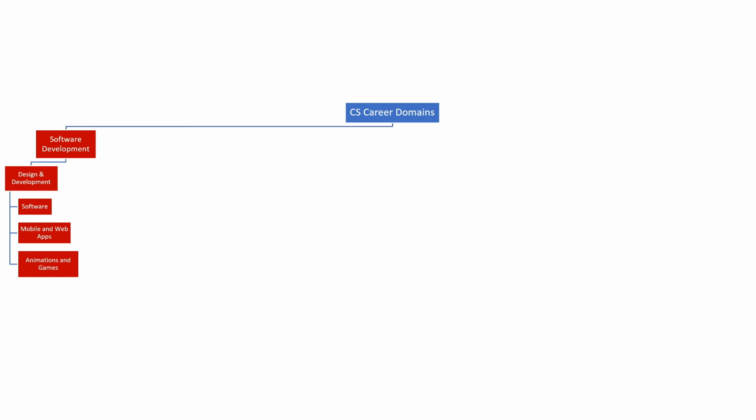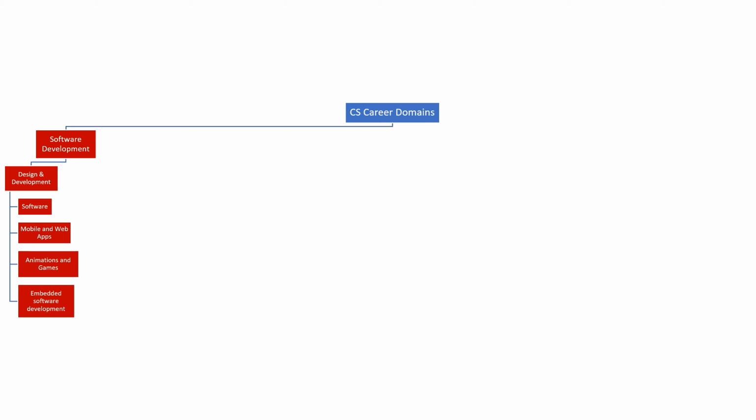When I say animation and games, I mean actually developing the animations, an animated movie, or a game, actually writing and coding a game. Some other area of hardcore software development falls into embedded software development.